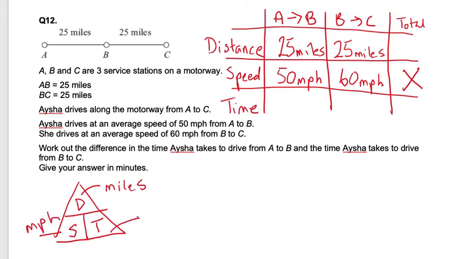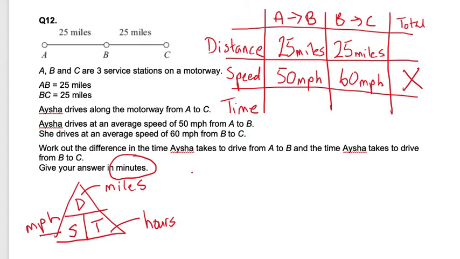So my time has to be in hours, because I've got miles per hour as my speed. Now note, the answer needs to be in minutes. So right at the end, we need to come back and sort out the minutes. But for the time being, we start in hours. So what have we got? Well, speed is distance over time, and we're trying to find out time.